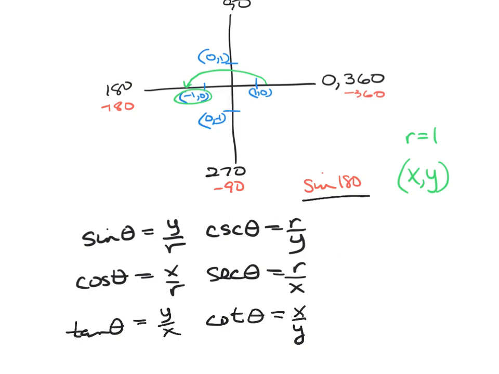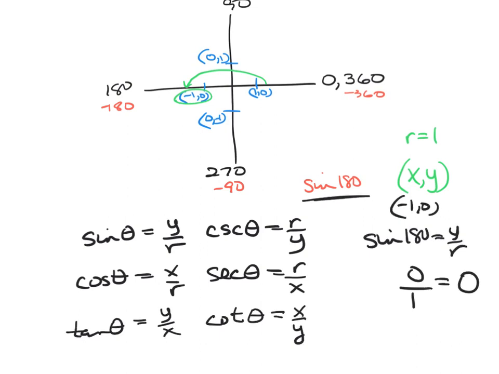So if I wanted to find sine of 180, I know sine is going to use y over r, and the 180 ordered pair I'm using is the negative 1, 0. So I would put 0 over 1, simplify that to 0.